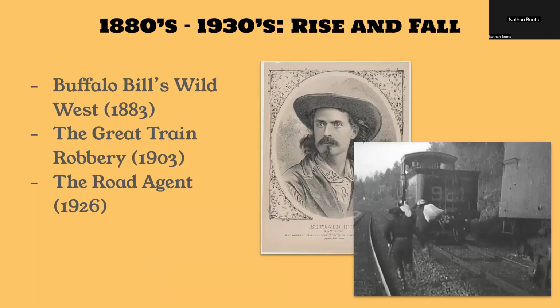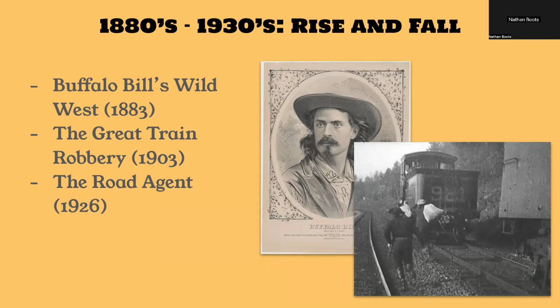To begin, we start with the 1880s, with Buffalo Bill's Wild West. This is not a film, it's essentially a circus performance, where they go across the country and do performances and plays, and they mythologize the Wild West.